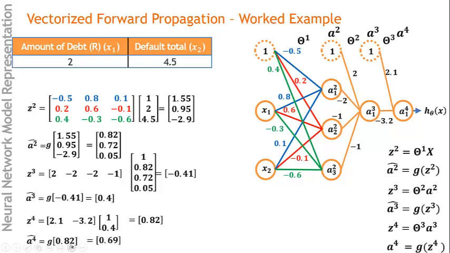The final output is going to be the nonlinear function applied to that. Okay. So in this case, if we were doing a two-class classification, the 0.69 is over the 0.5 threshold. So you would predict 1 and not a 0.